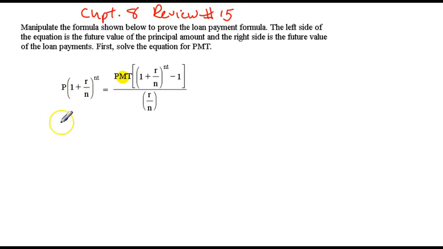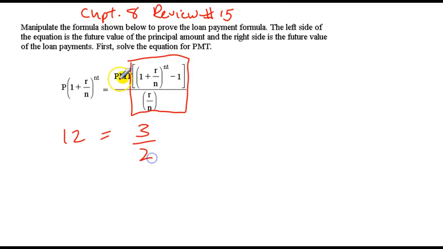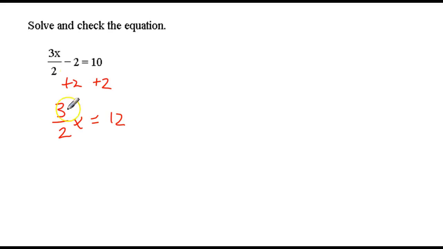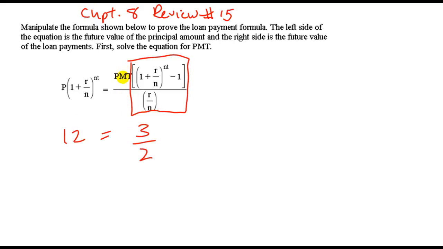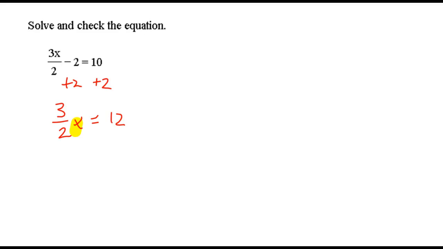If you think of this as a 12, and you think of all this right here, this fraction, as 3 halves, and this PMT as the x, the thing that we're trying to isolate, then this very much looks like 3 halves x. Now, how did I solve this back in chapter 6?